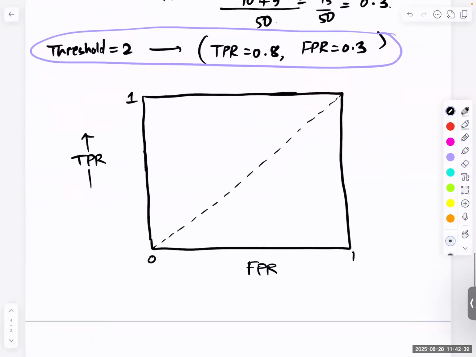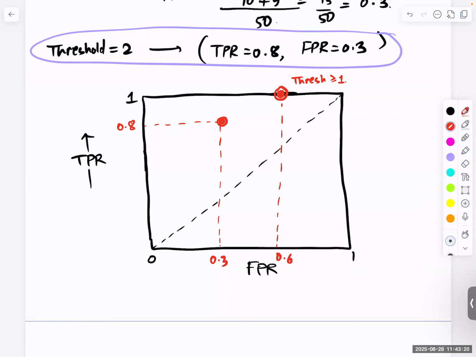Where does that fall? That falls somewhere here. So this is threshold 1. On the other hand, if I pick threshold of 2, what do I get? My TPR goes down to 0.8, and this becomes 0.3. This is 0.6. Right?